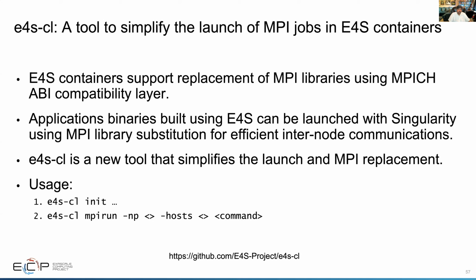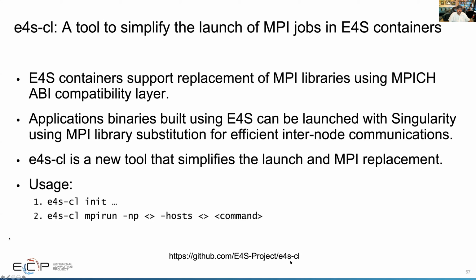Now we have made it simple enough so that you can just say E4S CL init, and then E4S CL launch with the mpirun command. This is a very interesting project. We are trying to now go beyond just the MPICH ABI compatibility layer and even target OpenMPI with the PMIx set of libraries, and you can learn more about it here.